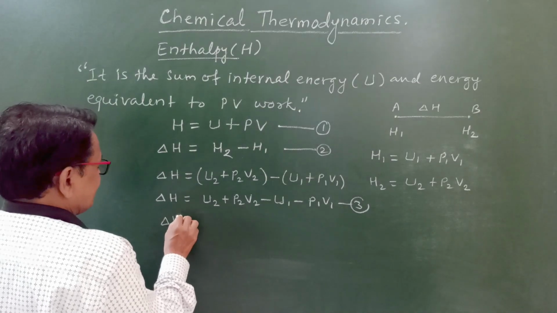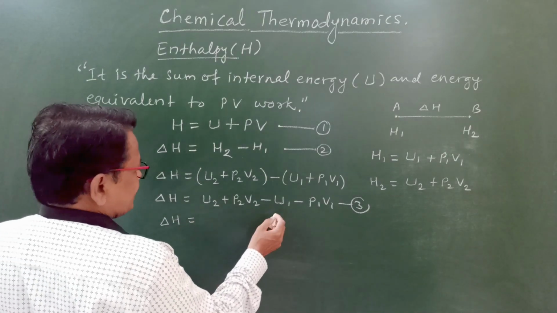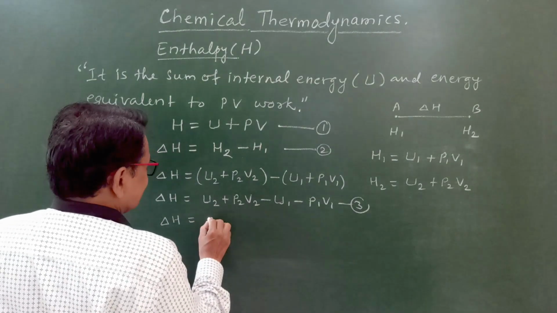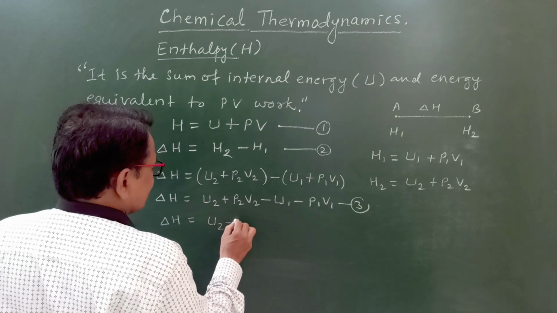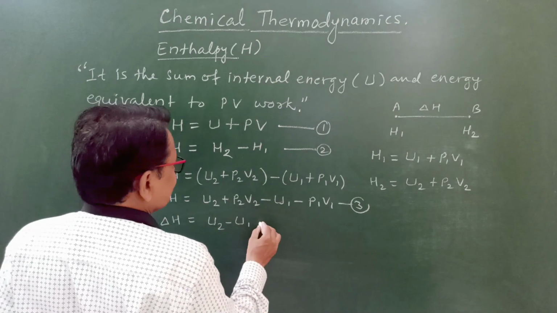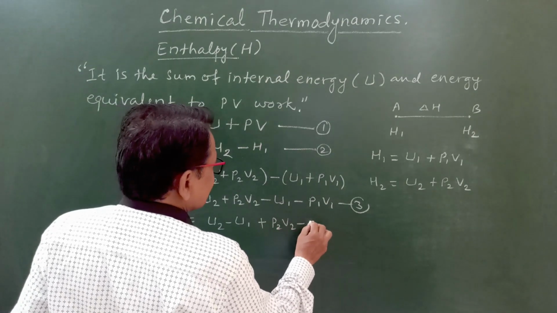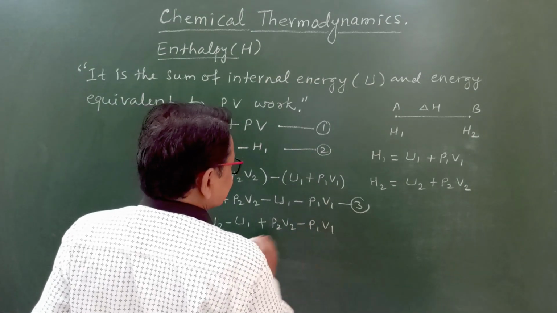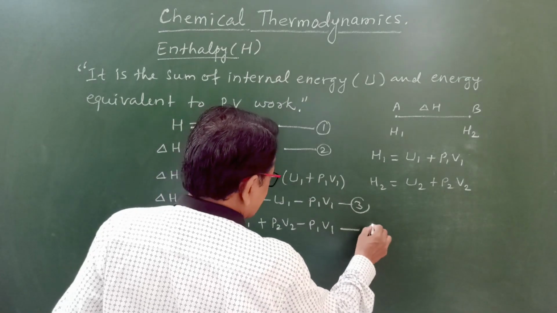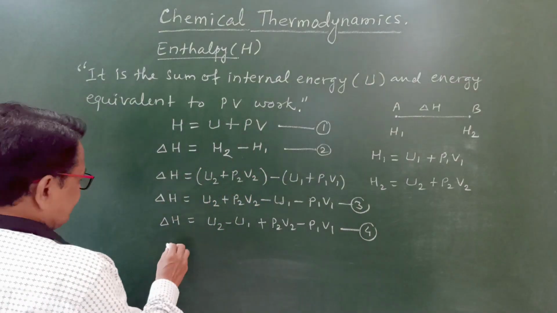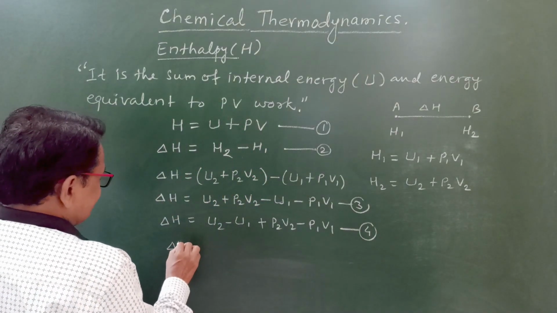In the next equation, if you write the internal energies side by side, delta H is equal to U2 minus U1 plus P2 V2 minus P1 V1. Suppose this is equation 4.